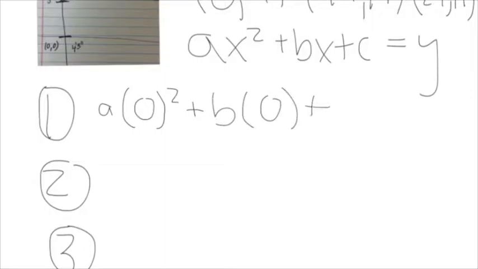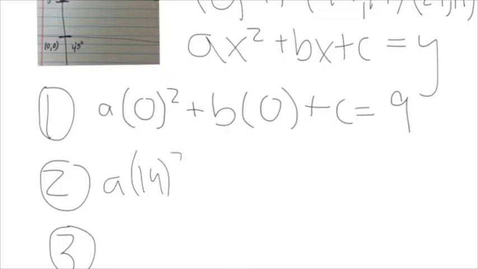Alright, so we found these 3 points using the Measure app, and with these 3 points we will plug them into our standard form equation, which is ax squared plus bx plus c equals y. So first we will plug in our point (0, 9), plugging in the 0 for where the x's are and the 9 where the y's are.